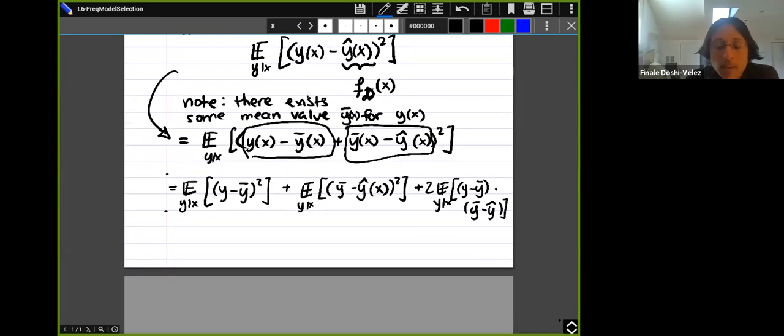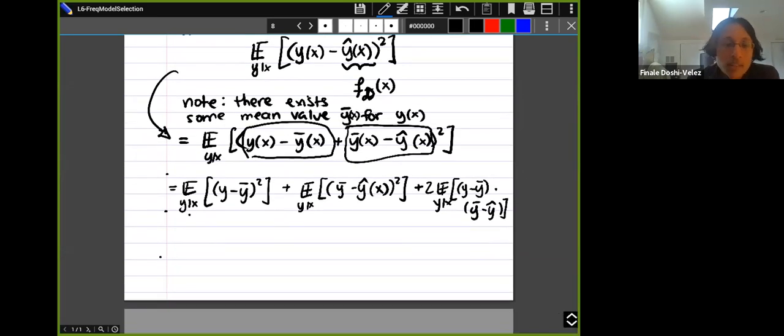And now let's stare at these terms. So this over here is noise, right? This is irreducible noise, because I could have the best possible guess of y bar, and I'm still going to run into trouble because y is not always equal to y bar.